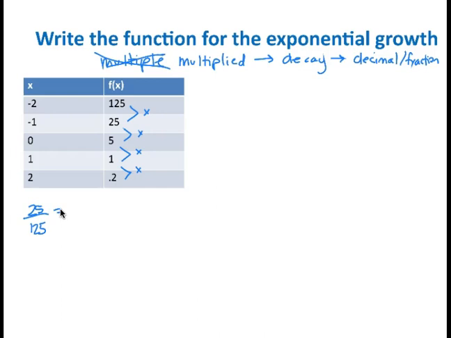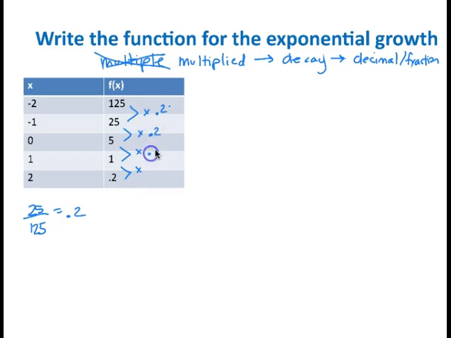So 25 divided by 125, when I type that into my calculator, I get 0.2. That's your multiple. So if we were to take 125 and multiply that by 0.2, guess what you get? You get 25. So what we're multiplying each time is going to be 0.2.